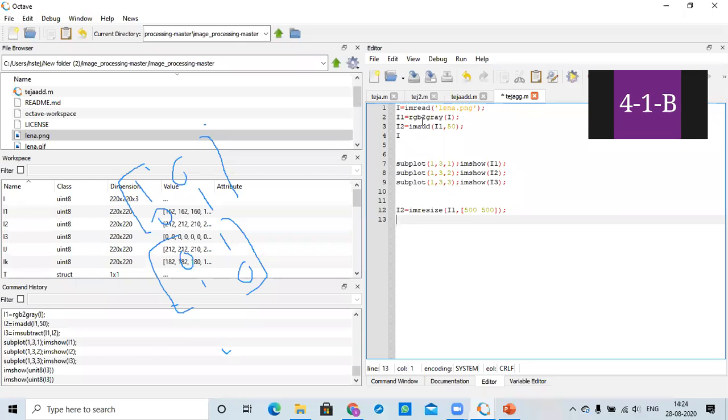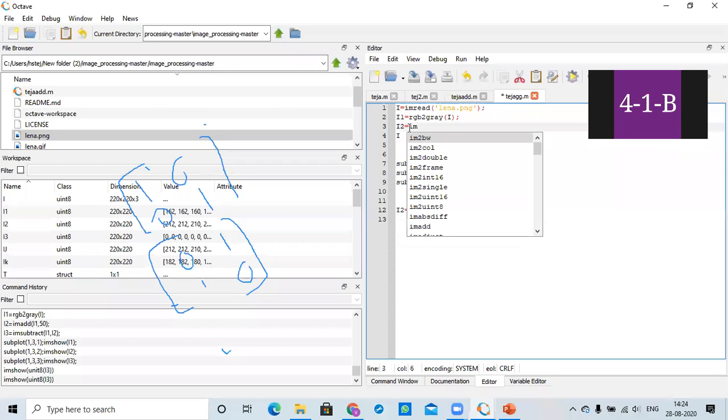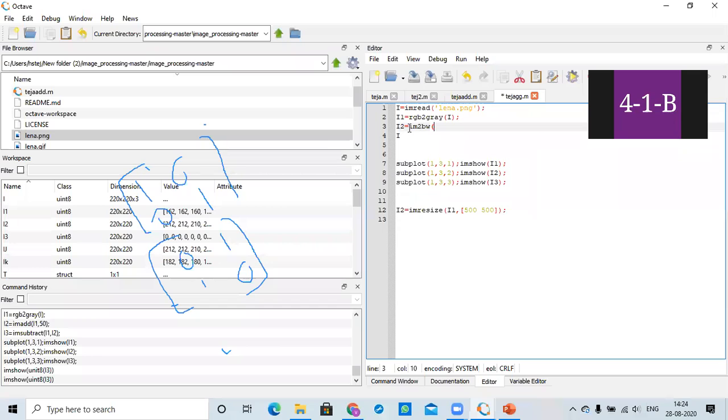Or otherwise I2 is equal to IM to black and white of I1. Okay, this converts the image from gray image to black and white image.